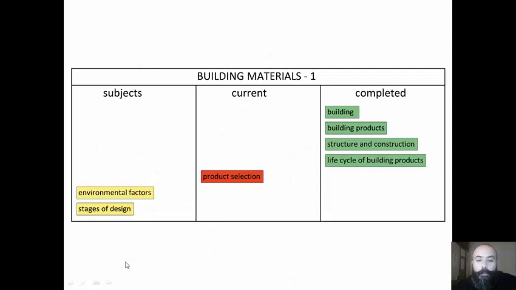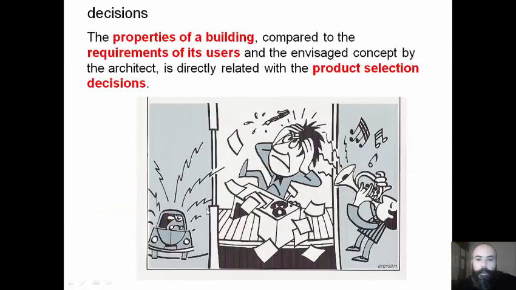And maybe the most important subject for an architect, product selection, making proper decisions about the products. The properties of a building compared to the requirements of its users and the envisaged concept by the architect is directly related with product selection decisions.